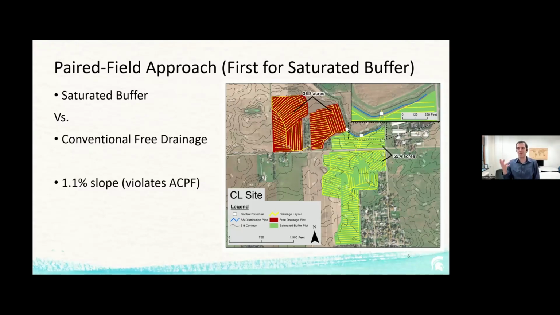So 2% is a minimum there. However, we violated that. Our field was unsuitable for ACPF at about 1.1%, let's say 1%. But let's see how it turned out.